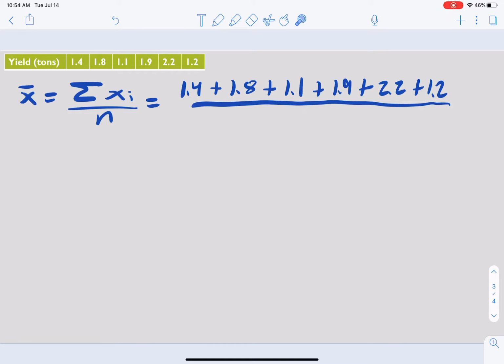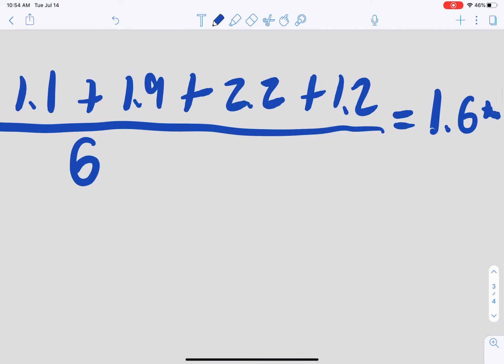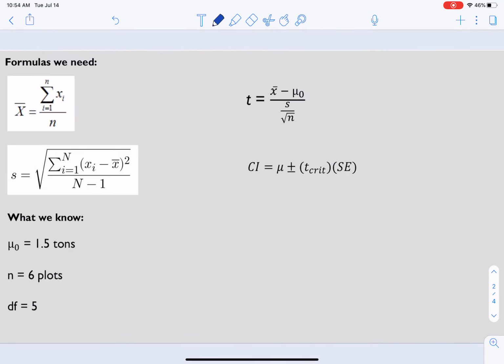Well, we've got 1, 2, 3, 4, 5, 6. Sweet. And it turns out that is 1.6 tons. So let's write that over here.